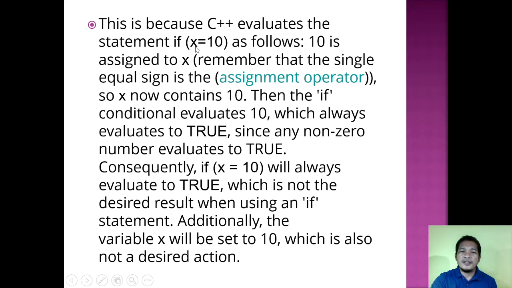It can become 11 if you do plus plus on x, but at the initial point its value is 10. Then the if condition evaluates 10, which always evaluates to true, since any non-zero number evaluates to true. Consequently, if x = 10 will always evaluate to true, which is not the desired result when using an if.